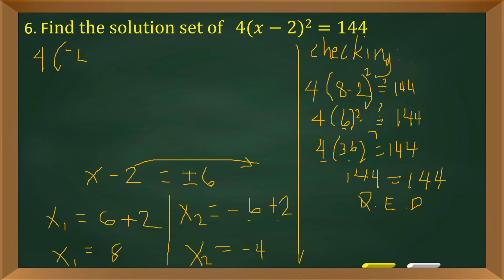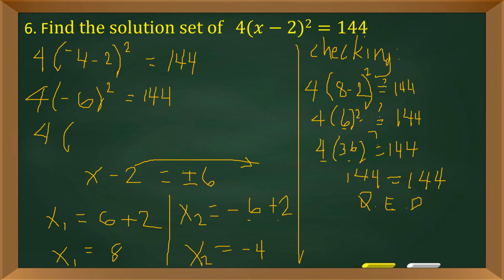So, 4 times negative 4 minus 2, quantity squared equals 144. Again, negative 4 minus 2 is negative 6 squared is equal to 144. And 4 times negative 6 squared is, of course, 4 times positive 36 equals 144.